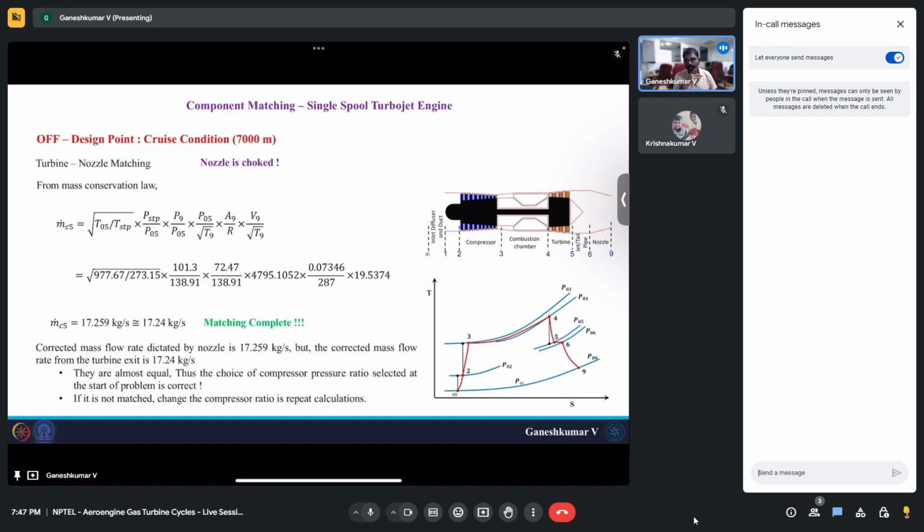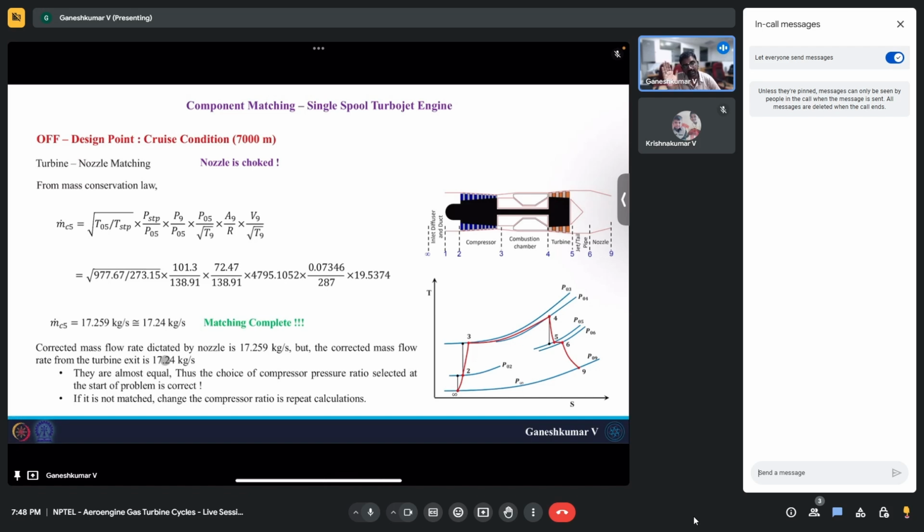Now, that is what is being written here. The corrected mass flow rate dictated by the nozzle is 17.25. When we say dictated by the nozzle, it's dictated by the total pressure at the entry of the nozzle. But the corrected mass flow rate from the turbine exit is 17.24.